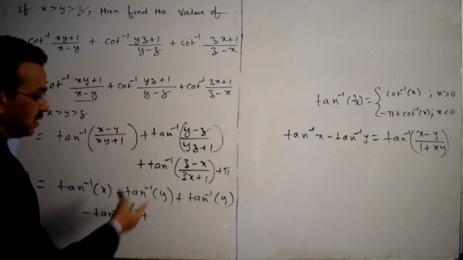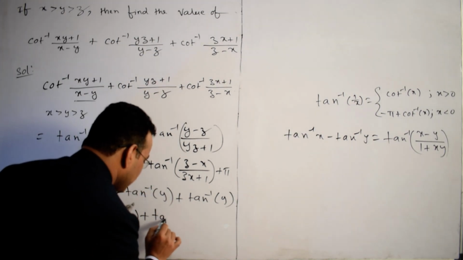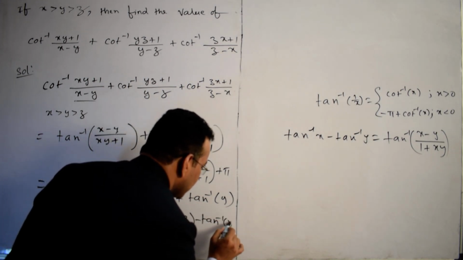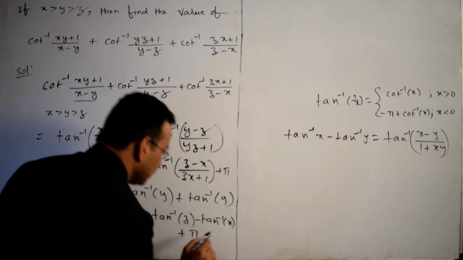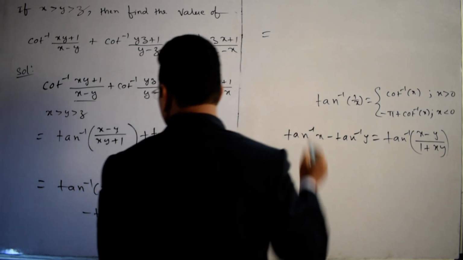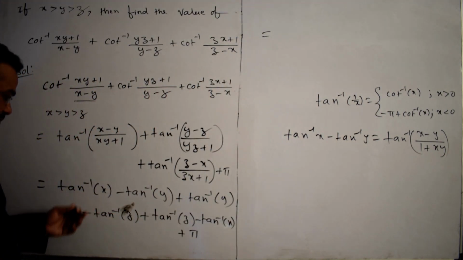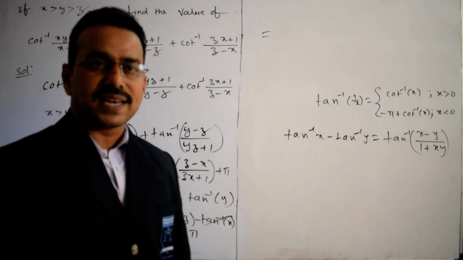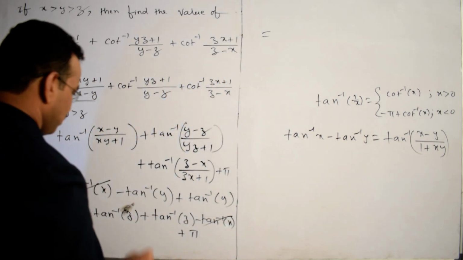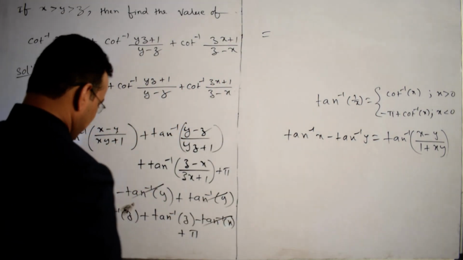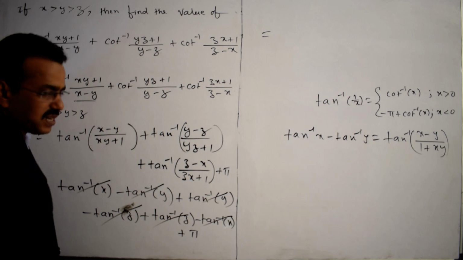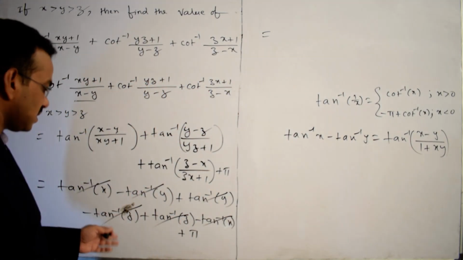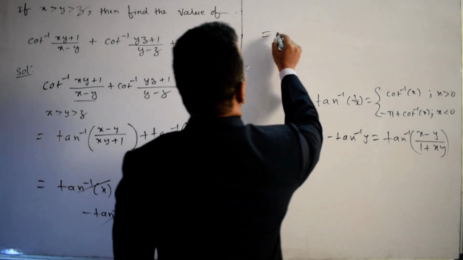Next, plus for the third term, tan inverse of z minus tan inverse of x. Already there is a plus pi. So in the next step, if you observe, tan inverse of x and minus tan inverse of x both get cancelled. Next, minus tan inverse y plus tan inverse y, and minus tan inverse of z plus tan inverse of z. Finally all terms get cancelled except pi, which equals pi.